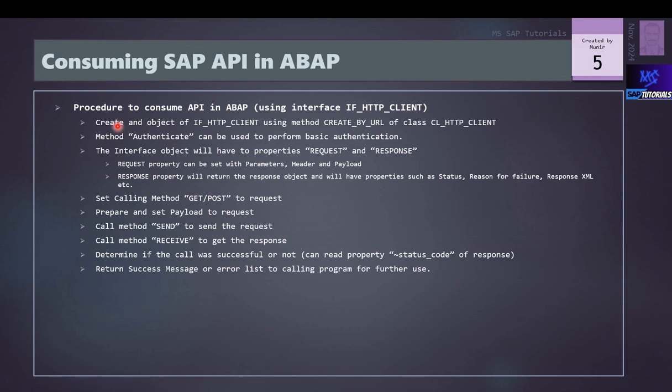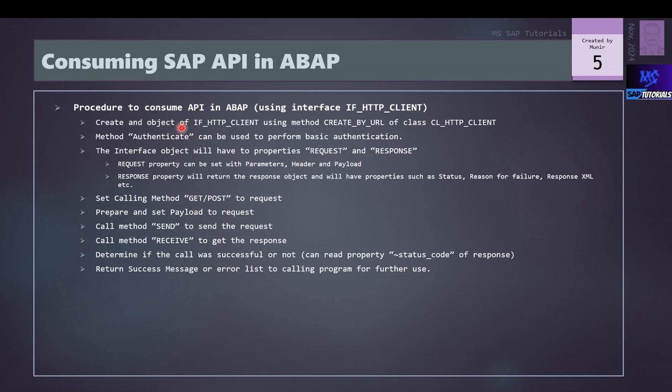Now the process to consume the API in our ABAP report would be using the interface IF_HTTP_CLIENT. There are other ways as well, but I'll be showing this IF_HTTP_CLIENT, using the class CL_HTTP_CLIENT that will initiate the interface, and we can use the interface methods to do our get and post requests.